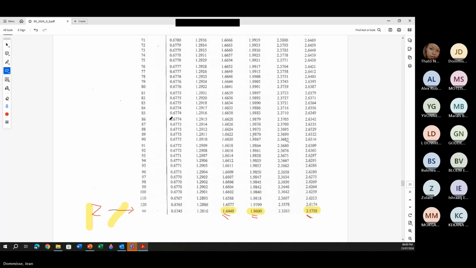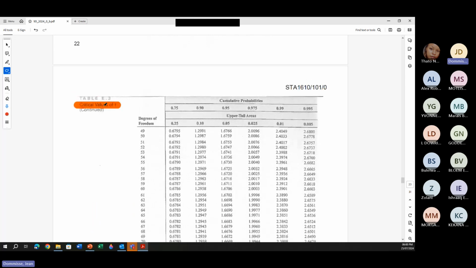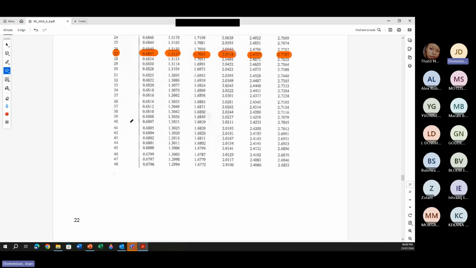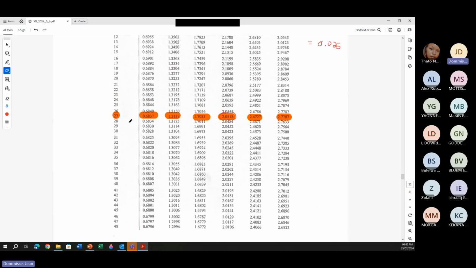So even though we are working with a T table, that is why the T and the Z are so close to one another. And maybe the next one is going to be one where we look at the confidence interval.